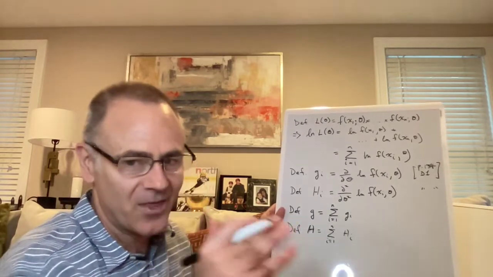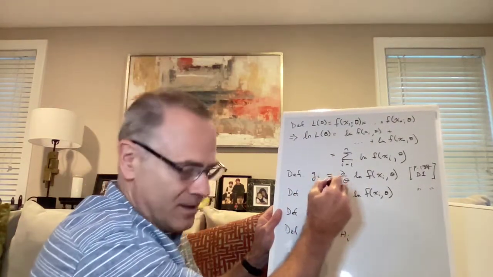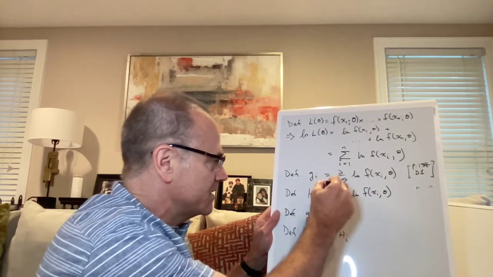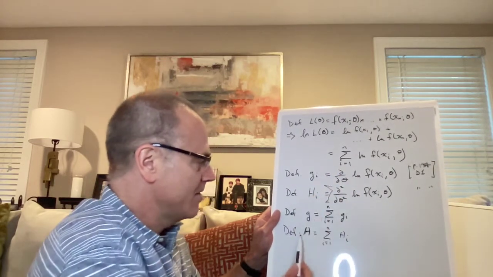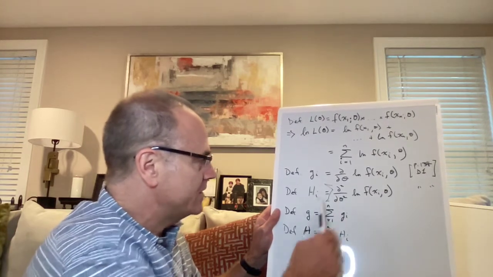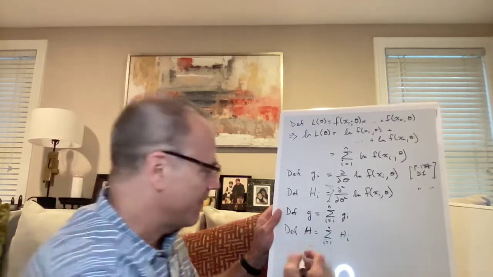So if you remember that, H is just, we put a sum right there. So H equals the sum of the derivatives. It also equals the derivative of the sum.